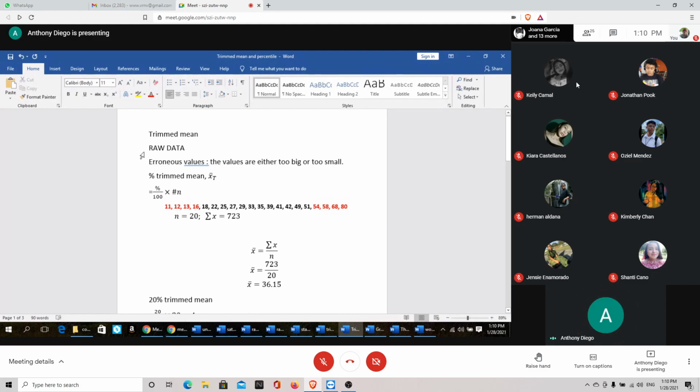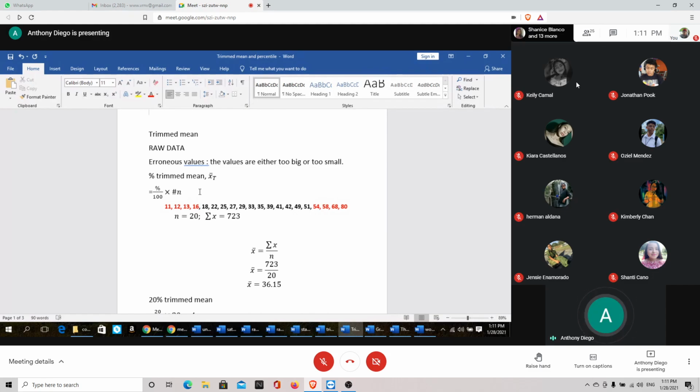So those extremely large and extremely small values can make your analysis not be that accurate, or can make your results completely inaccurate because they deviate from the mean.